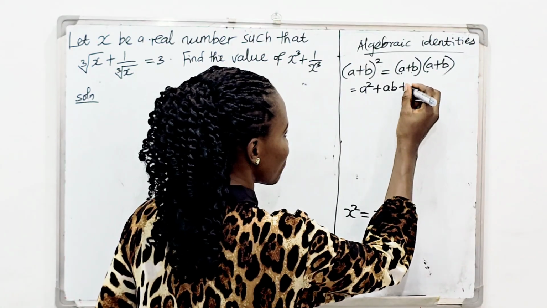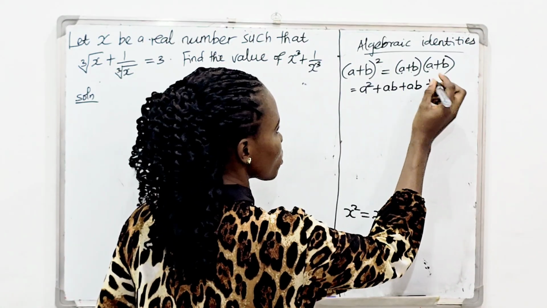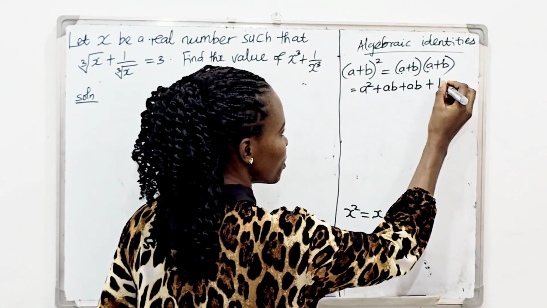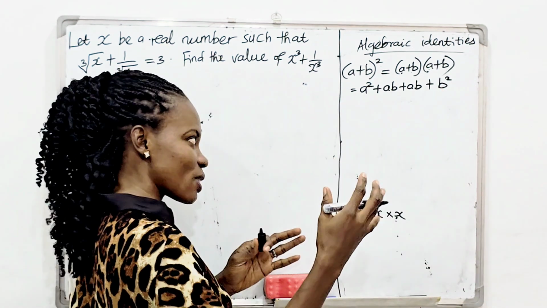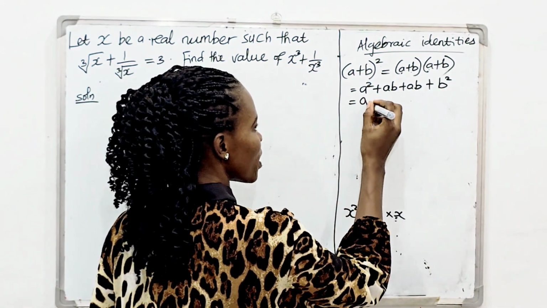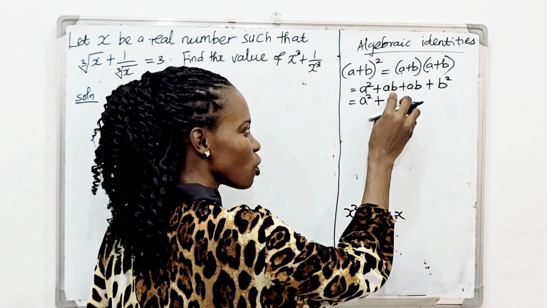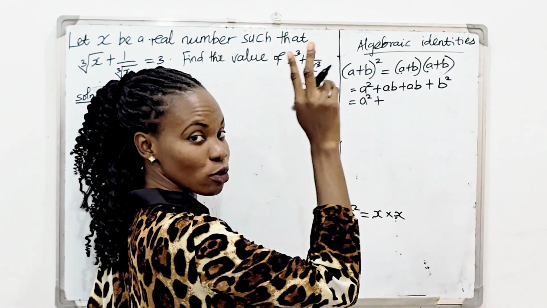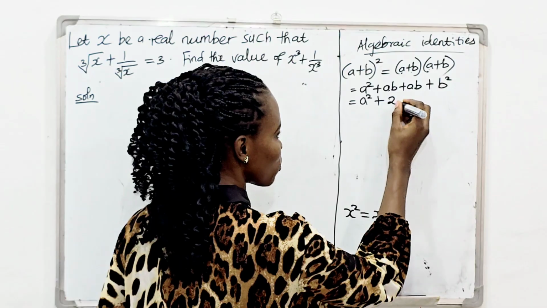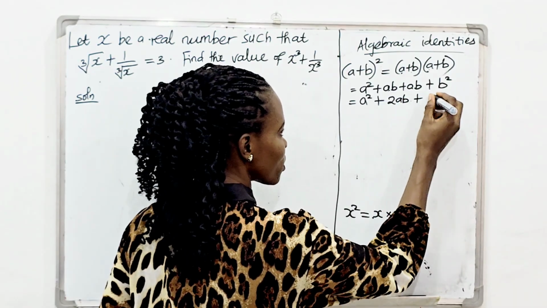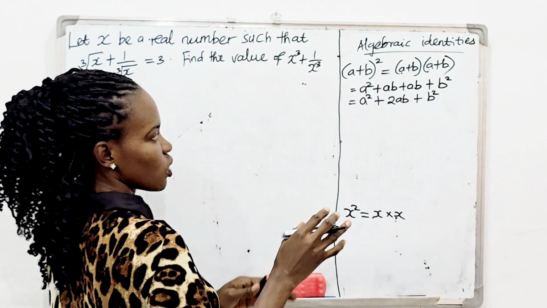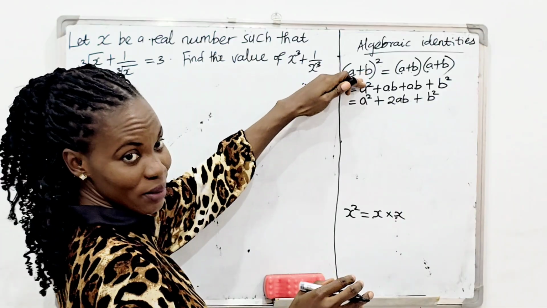Plus b times b will give me b squared. So we simplify further. We have a squared plus ab plus ab, which is like 1 orange plus 1 orange, giving you 2 oranges. So we're going to have 2ab plus b squared. So this is equal to this.